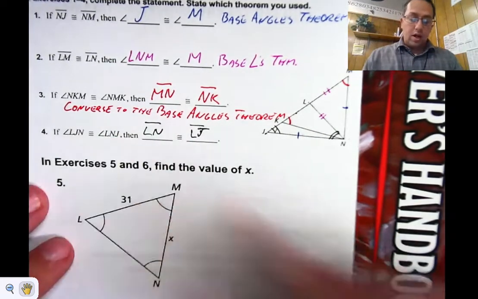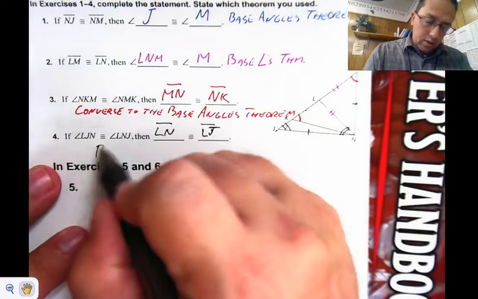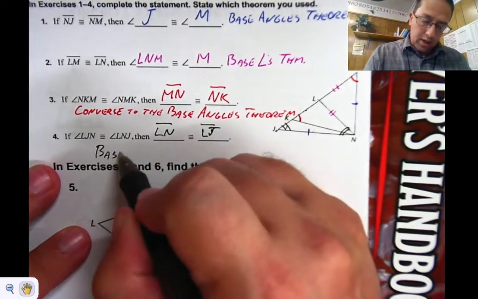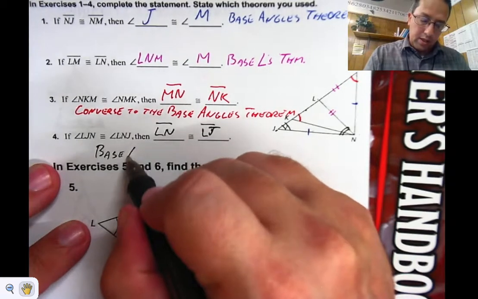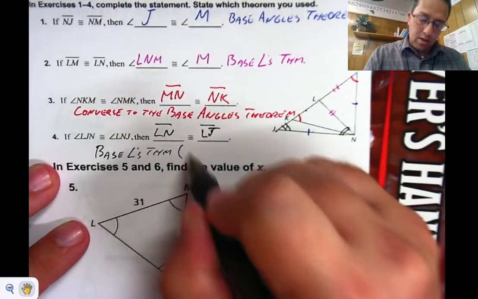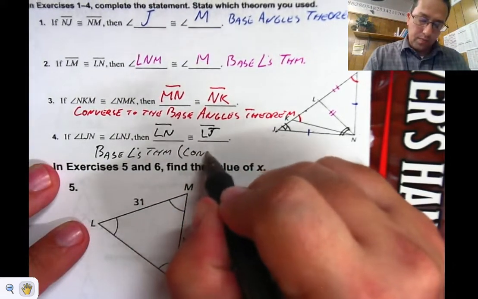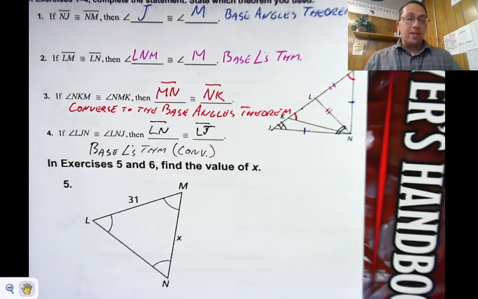Again, we used the converse to the base angles theorem. So let's see here. I'm going to abbreviate this time. Another way you may see this is the base angles theorem converse. Like so. That's another way you may see it abbreviated depending on how it shows it in your textbook.